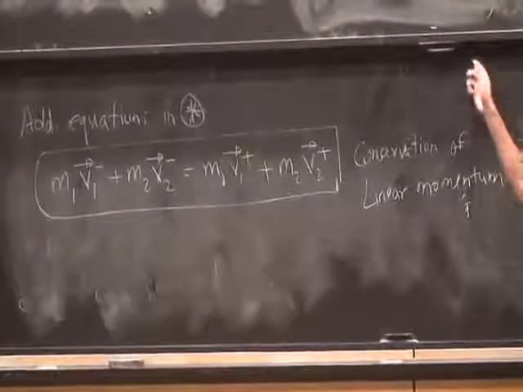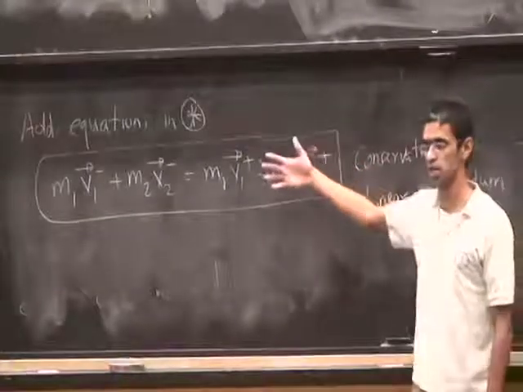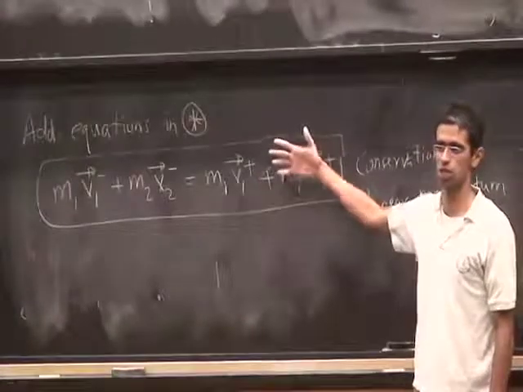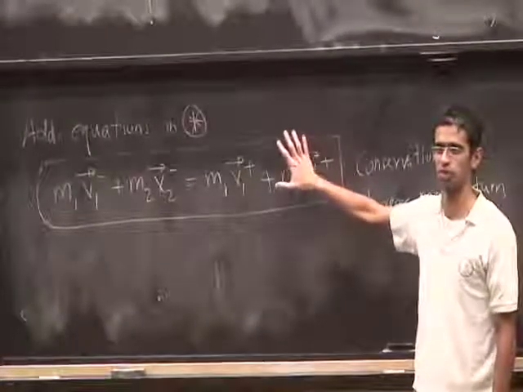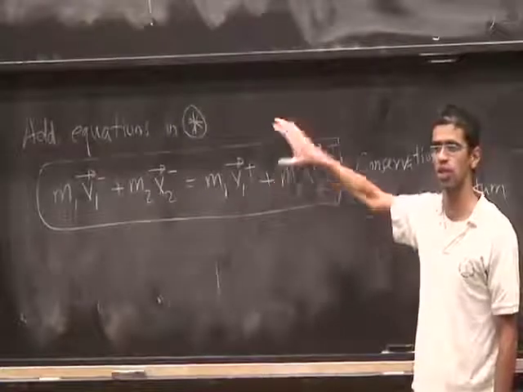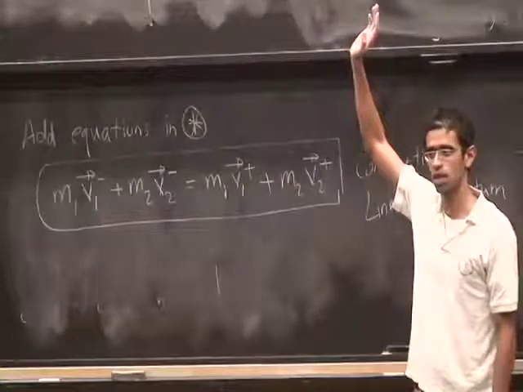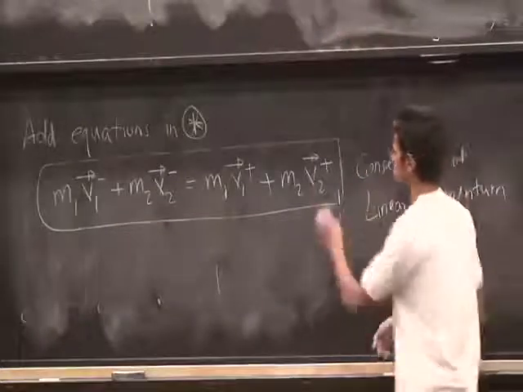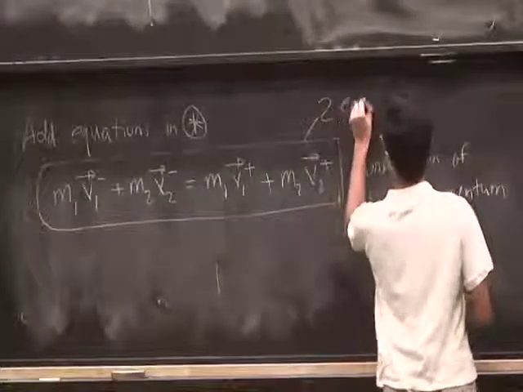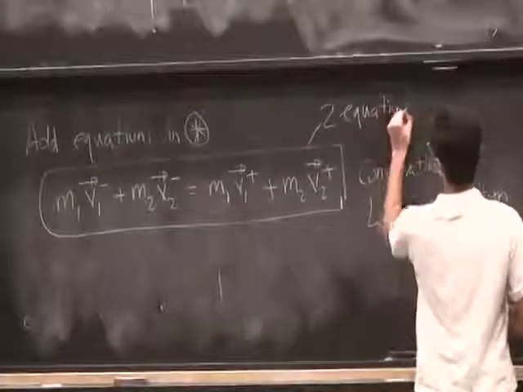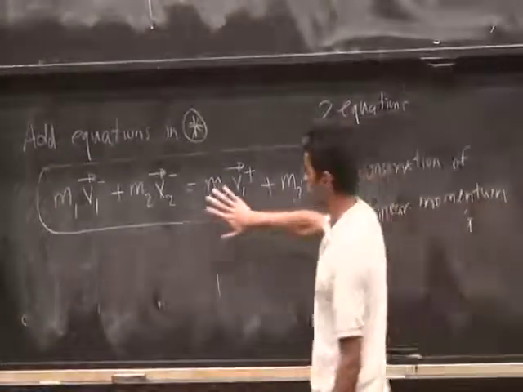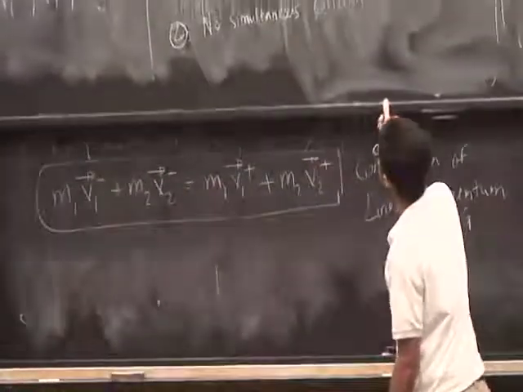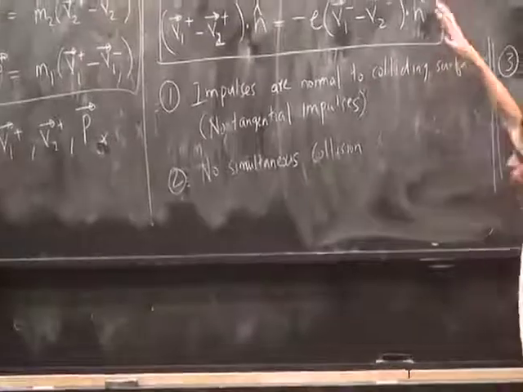Now the thing to note here is, how many equations can you generate from this equation I have over here? Is it one equation? How many think it's one equation? Okay, how many think it's two equations? Okay, good. So this is actually two equations. In 2D, it's two equations because these vectors have two components, x component and y component. Similarly, this one is how many equations?